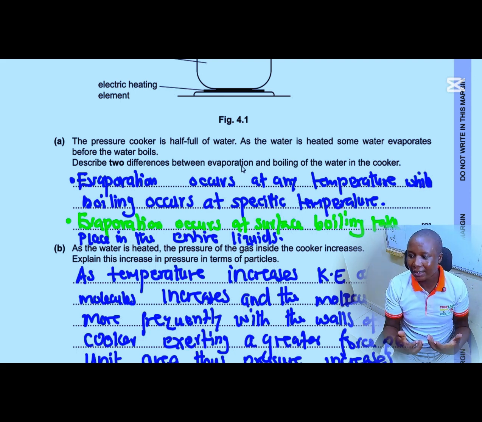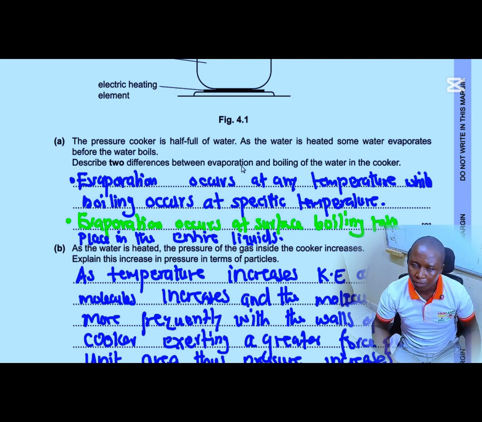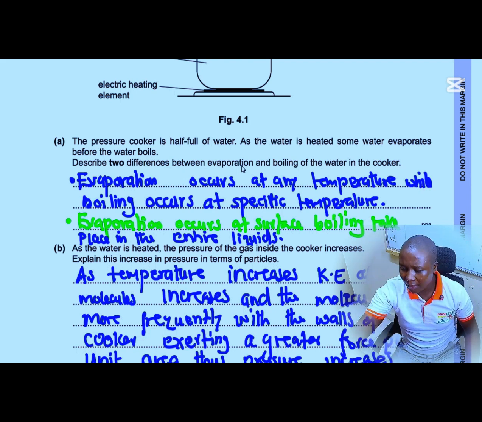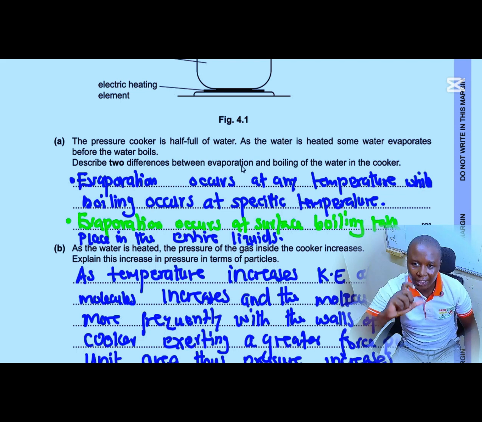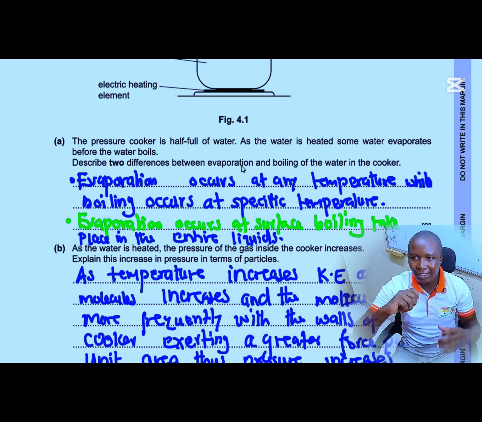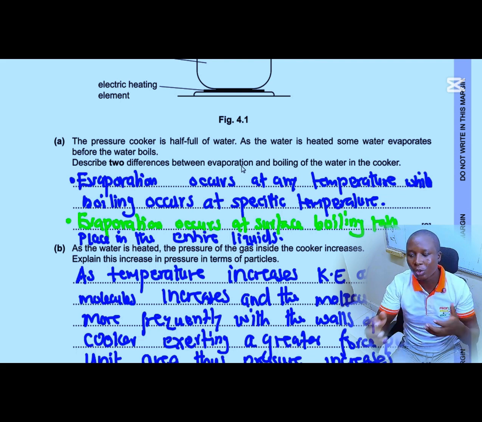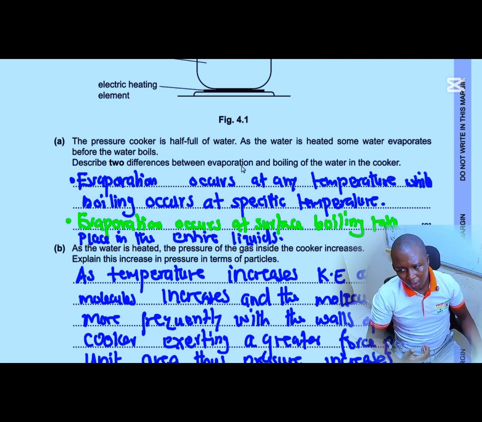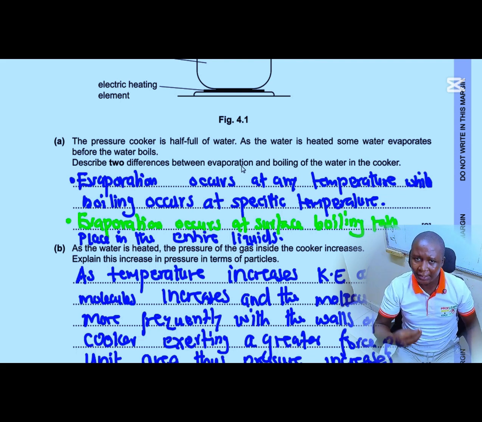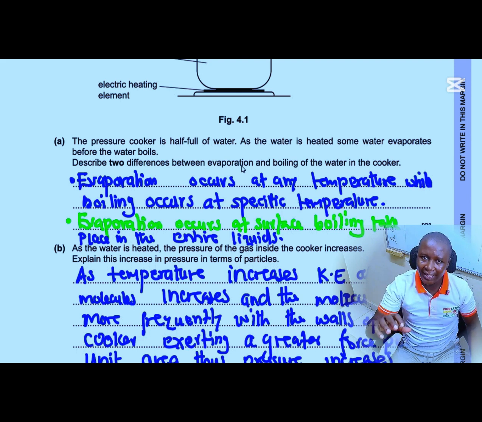How do water molecules result in pressure? Remember, as you increase the temperature, the kinetic energy of the molecules increases, and this enhances the collisions on the walls of the cooker. This results in force exerted on the walls, and force per unit area is pressure.